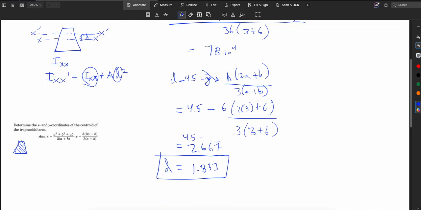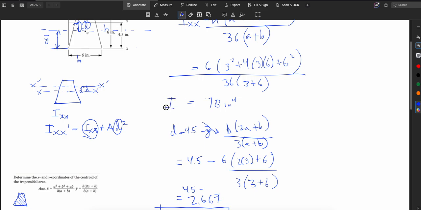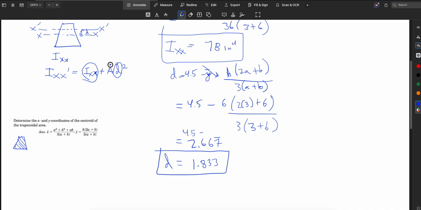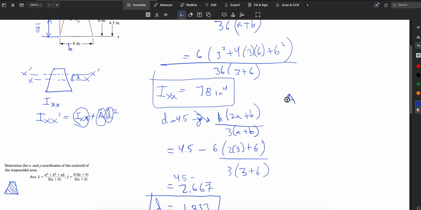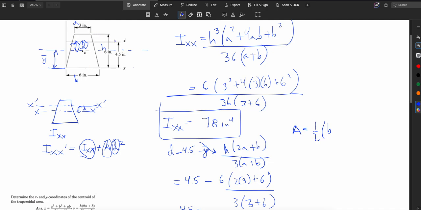Okay, we have Ixx, we have d, and now we need the area. The area is simply the area of a trapezoid, so 1/2 times the sum of the bases, 6 plus 3, times the height.